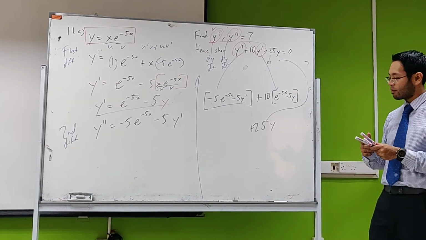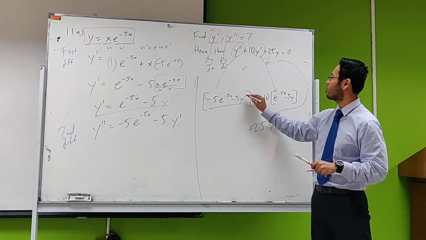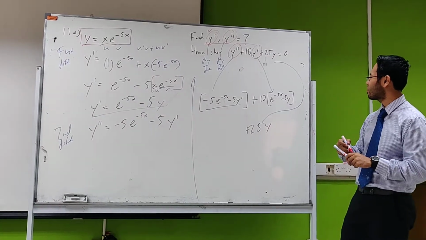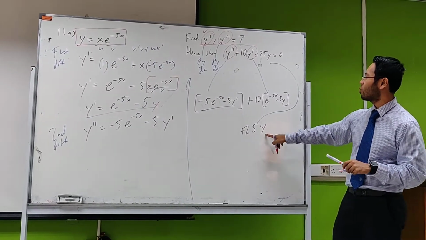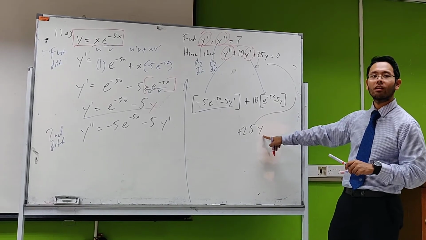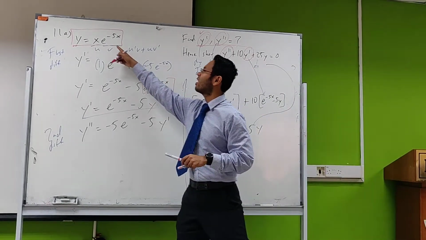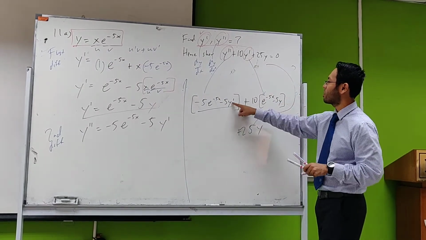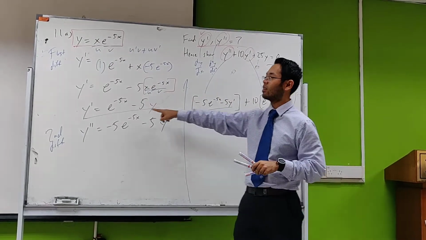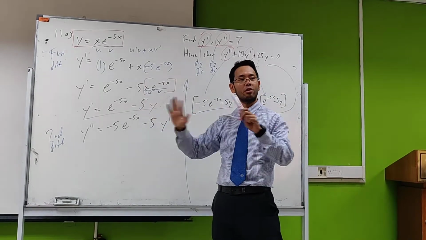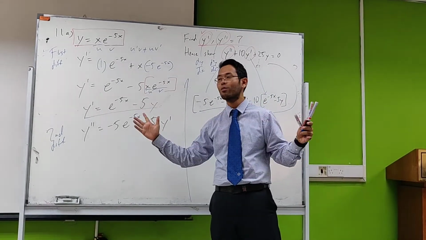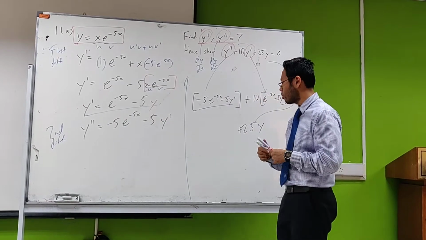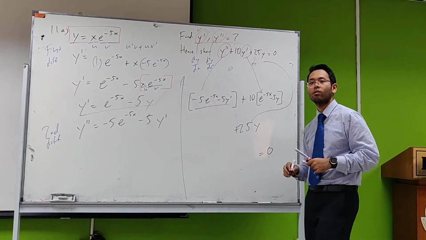But sir, there's a few more things, sir. Let's try to solve this one first, can we? What about y? I can also rewrite y as x e to the negative 5x. Y prime I can also rewrite as this one here. So basically you just need to substitute everything, and it's going to be one very long expression, and I think you'll be able to get close to 0.